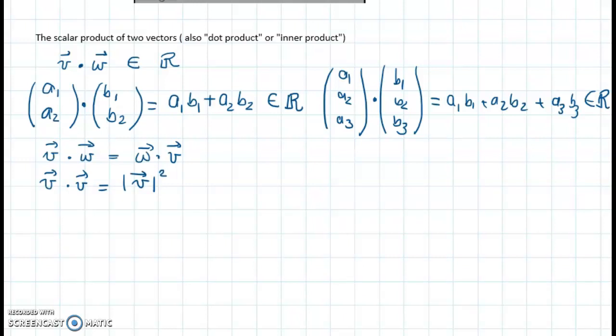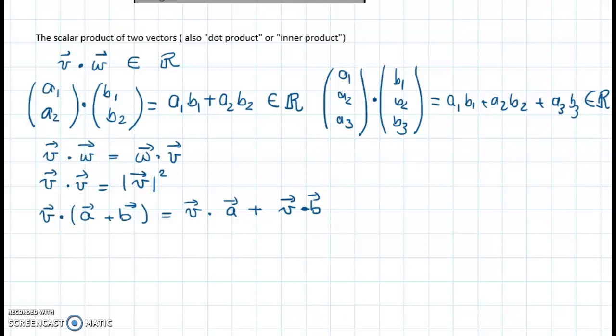We have also a type of distributive property. Let's say we have a vector v, and we do the dot product of this vector with, let's say, two vectors, a plus b. In this case, we could instead do the dot product of v with the first vector, and the dot product of v with the second vector, and then we sum.